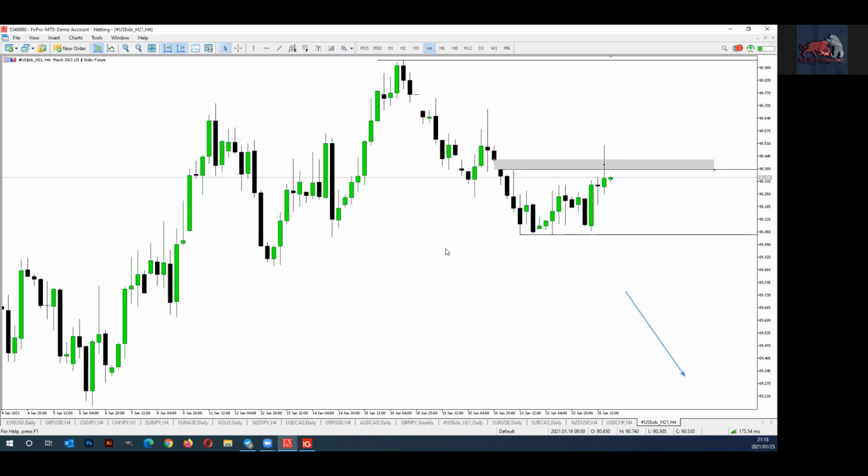That's the same level that I'm saying if price trades and closes above, then it's going to validate our long entries on dollar index.